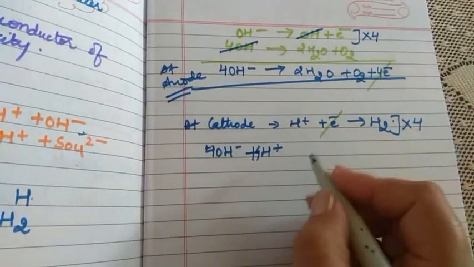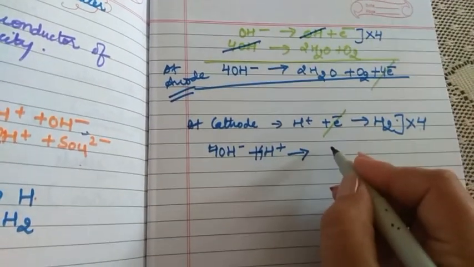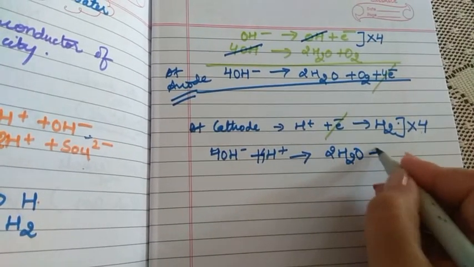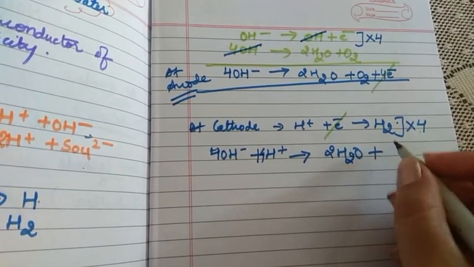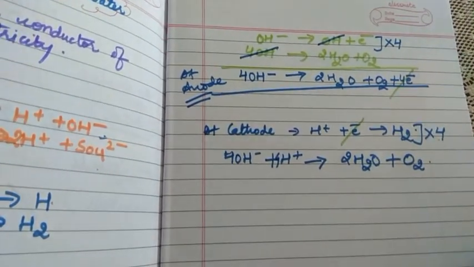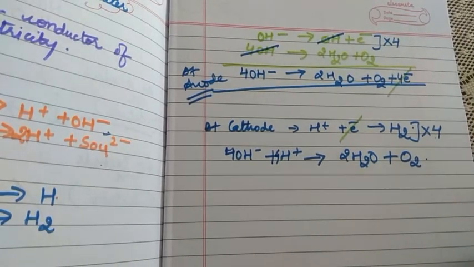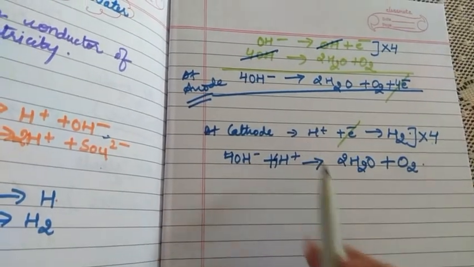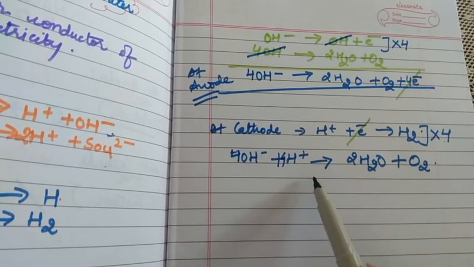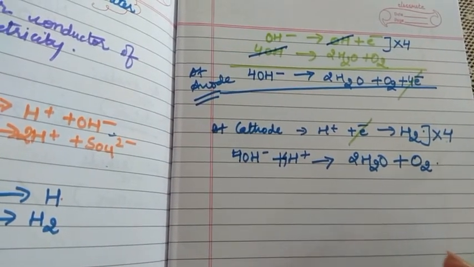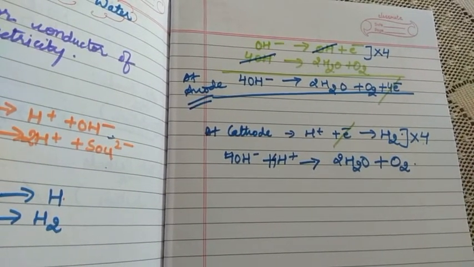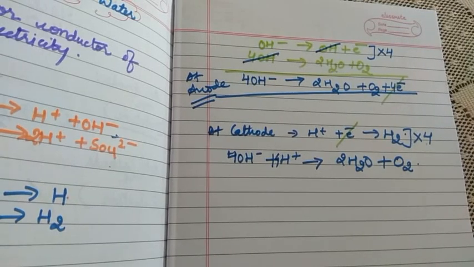Then it will be 2H2O plus O2. Clear all of you? So 4OH- plus 4H+ will give 2H2O plus O2. This is the complete equation.